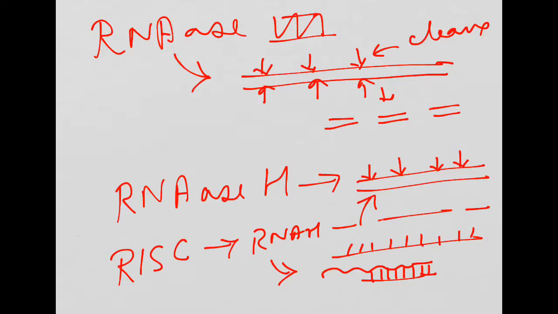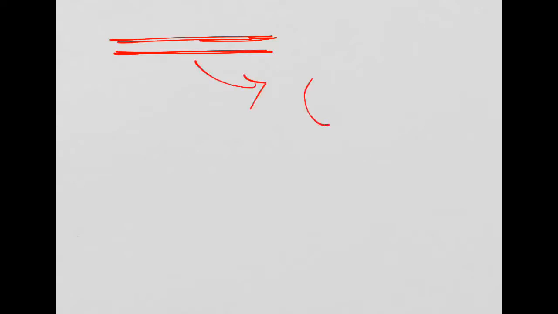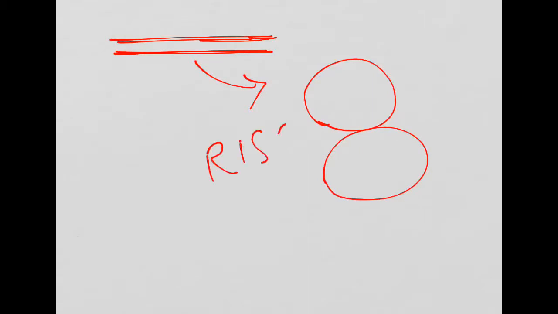your guide RNA molecule, the guide strand, will bind to the target mRNA molecule. Okay, I forgot to tell you about the guide strand and the passenger strand. So your miRNA will have two strands, right? miRNA or siRNA or shRNA, whatever it is. So after processing, this small RNA molecule will have two strands which will be taken up by the RISC protein, which is a combination of many different proteins, as I have already told.